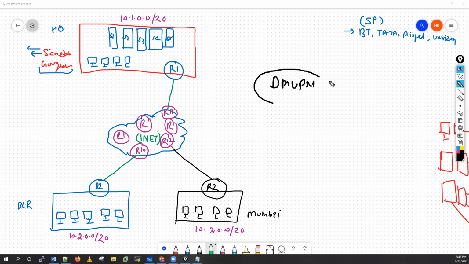The main problem with this DMVPN solution: let's suppose here I just have 3 sites. Let's suppose you have around 2000 sites, which means with this router you are creating 2000 VPN tunnels. Your branch office routers will also create 2000 tunnels, right?